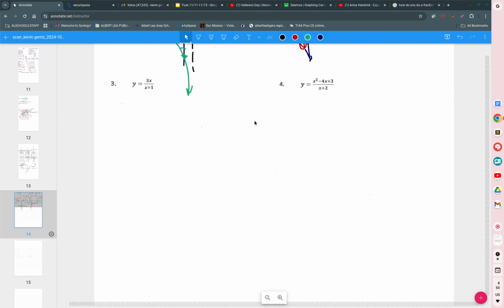What I would like you to do first for number 3, go ahead and see if on your own or with a partner, if you could take x plus 1 and divide it into 3x plus 0 correctly. Try to divide that one out on your own.